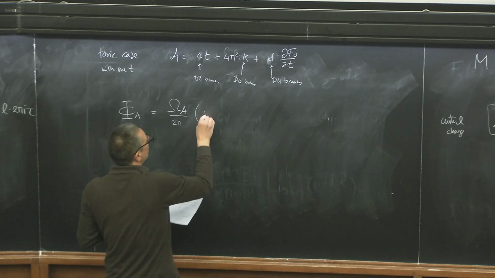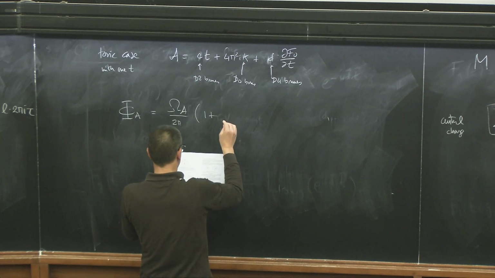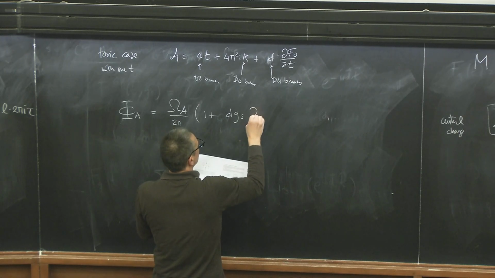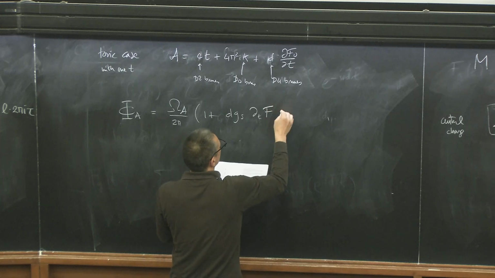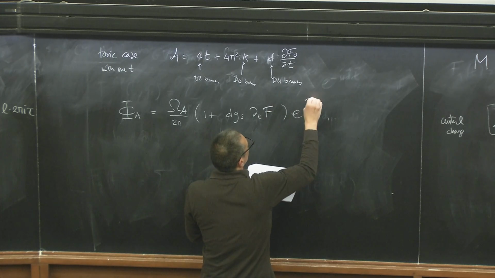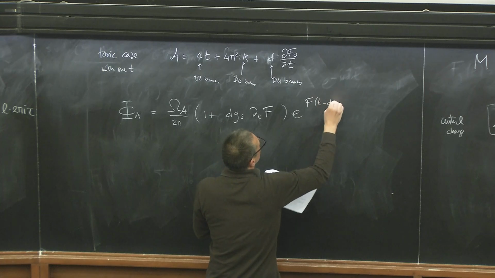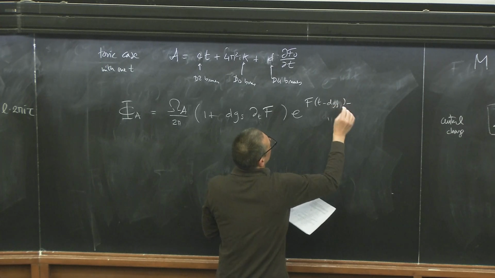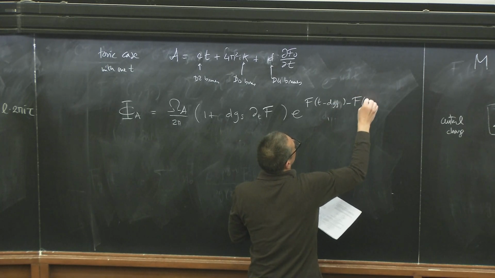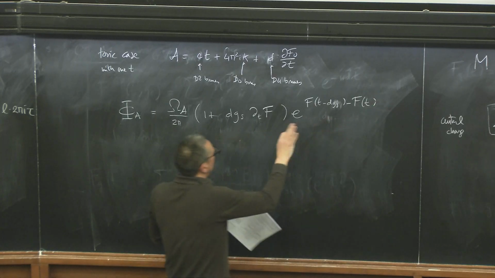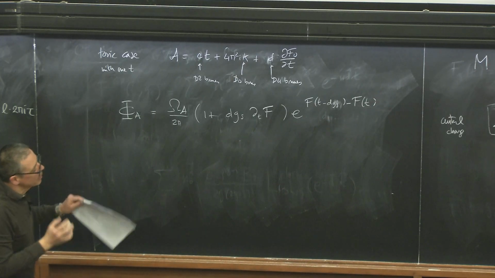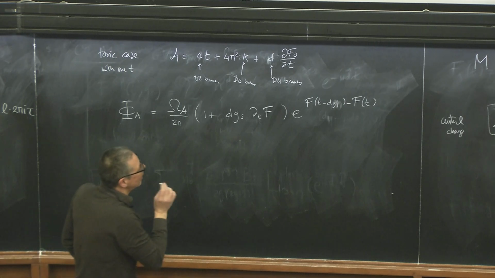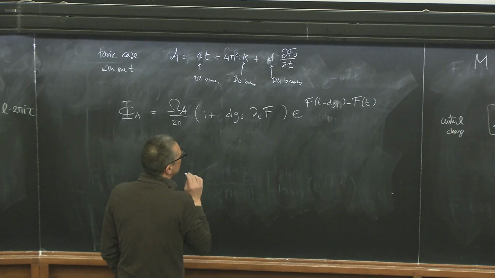Yes, we have 1 plus d g_s dt F times e to the F t minus d g_s minus F t, okay? I mean, there are some subtleties that I'm not writing down, but I want to give you a feeling for this formula.